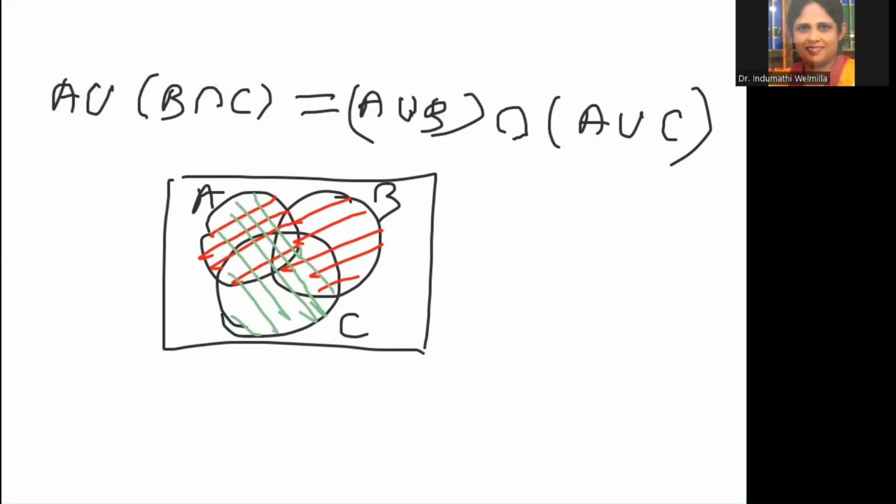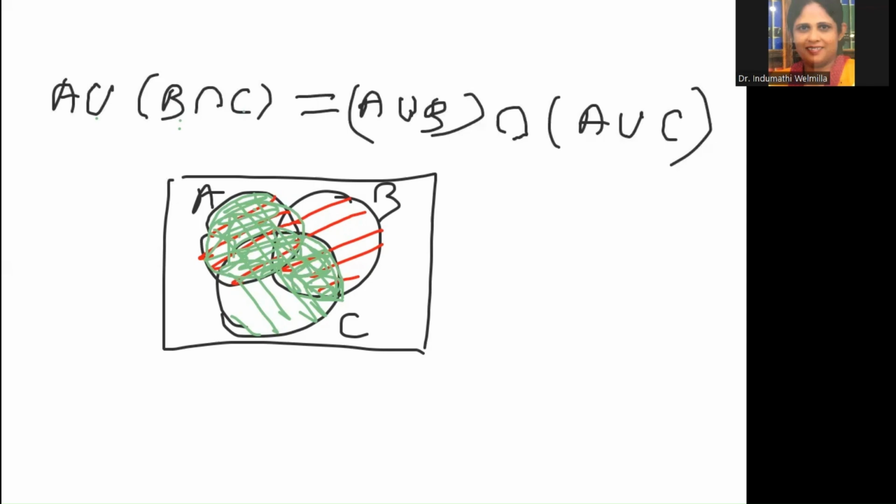Then you can see (A union B) intersection (A union C) is the area which I colored twice. This part and this part. Then it is also equal to B intersection C, that part, and union of the whole A. You can understand that one, okay?